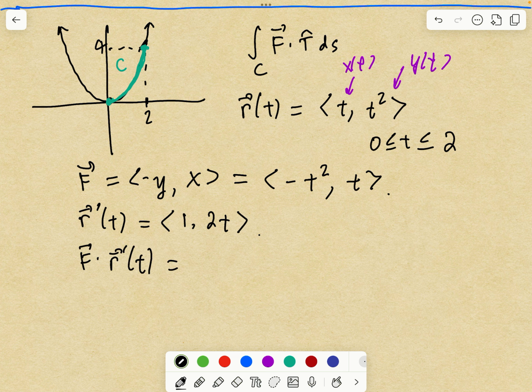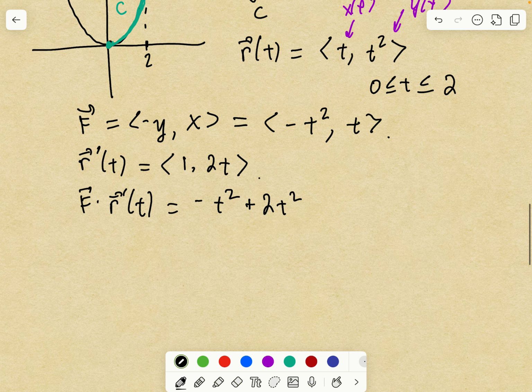Okay, you take the dot product of these two, you get negative t squared times 1 is negative t squared, and then plus t times 2t is 2t squared. Negative t squared plus 2t squared equals t squared.